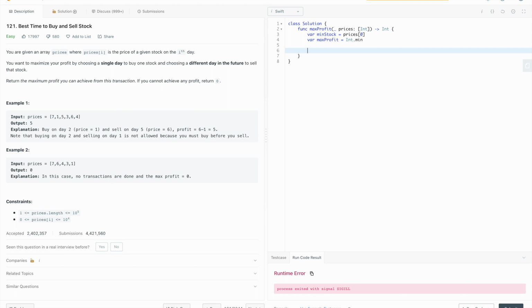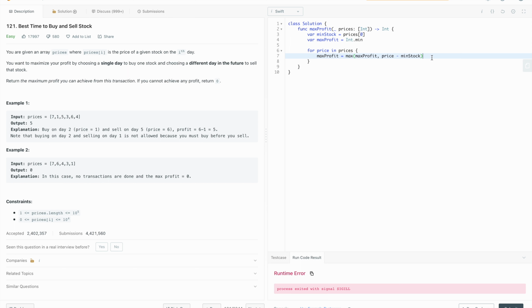Now, we want to run through all of the prices and figure out min stock and max profit here. So for price in prices, we first get the max profit. That will be max profit equals max of max profit and price minus minimum stock.